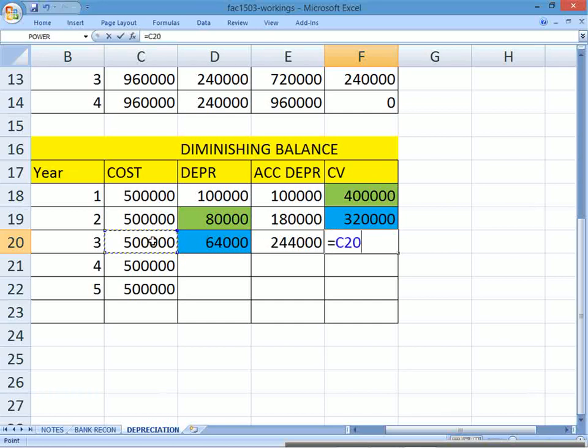Next line, carrying value. Cost minus accumulated, always. It's always cost minus accumulated, cost minus accumulated, cost minus accumulated. Okay, it gives me 256. Right, let's do number 4. I'm going to take 256, I'm going to divide it by 5, or times it by 20%, either or, gives you that figure. Last year plus this year gives me 295,200. Okay.